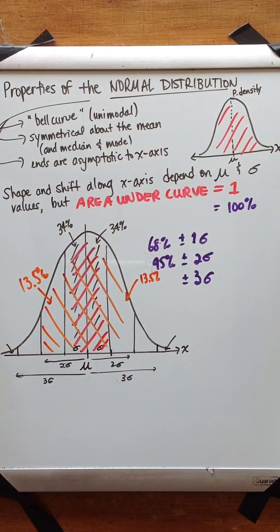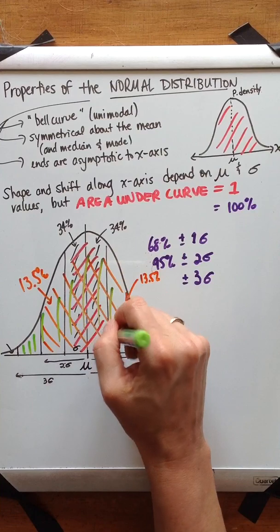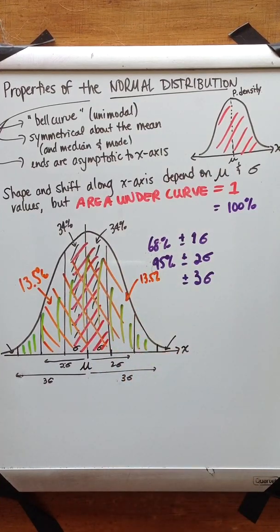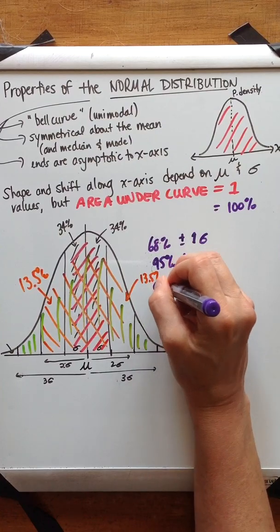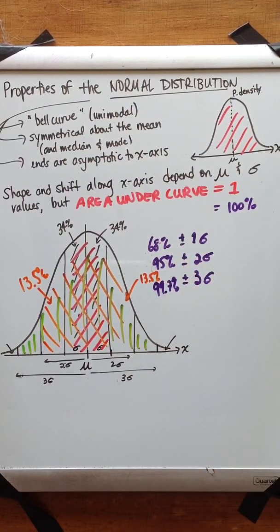And the entirety of adding in these pieces to the others means that you are representing about 99.7% of all the data points for a continuous data set or for a normal distribution.